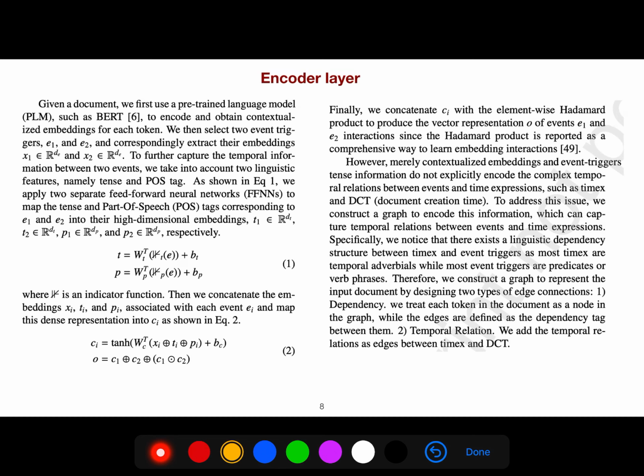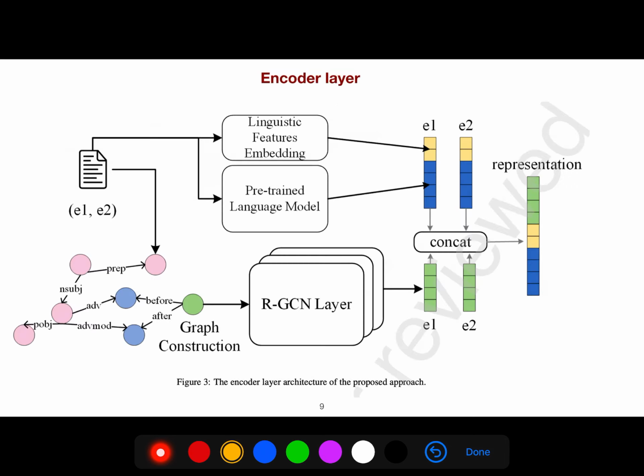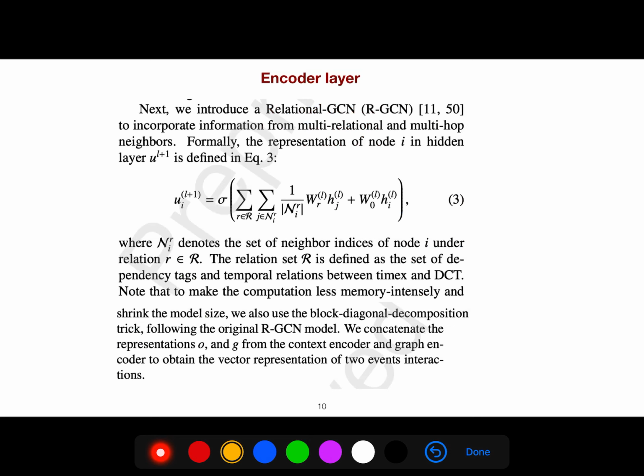To further capture the temporal information between 2 events, we take into account 2 linguistic features, namely tense and part of speech tag. This is the architecture of the encoding layer, where we have linguistic features ready to be used together with the pre-trained language model, BERT, that I was talking about. And then we concatenate them so it produces a good representation.